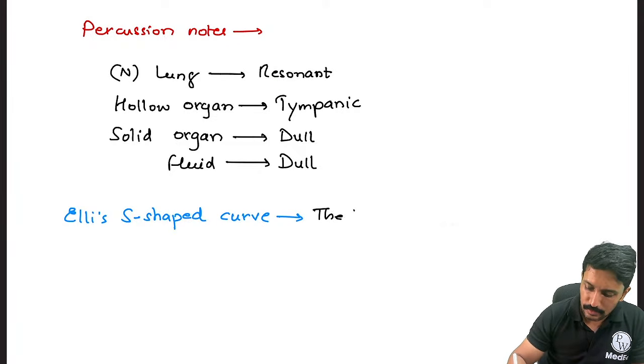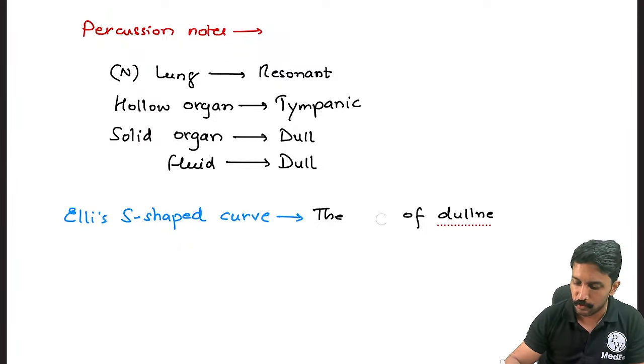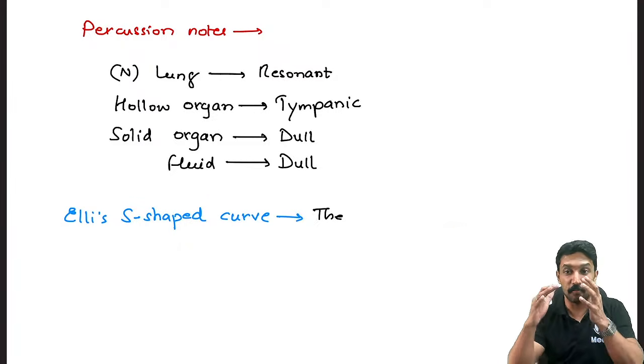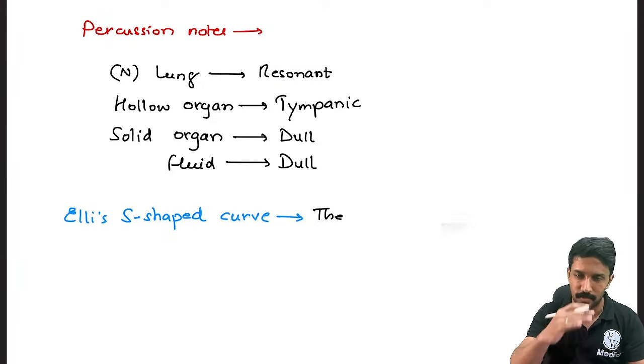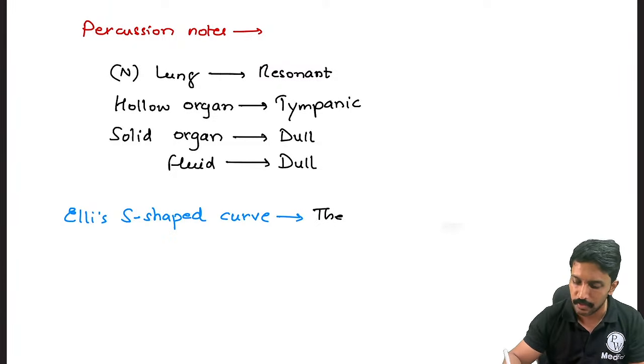The level of dullness, or the upper limit. Many of you may get confused when I say level, thinking it is more dull or less dull. No, the upper limit of dullness is what I'm referring to.